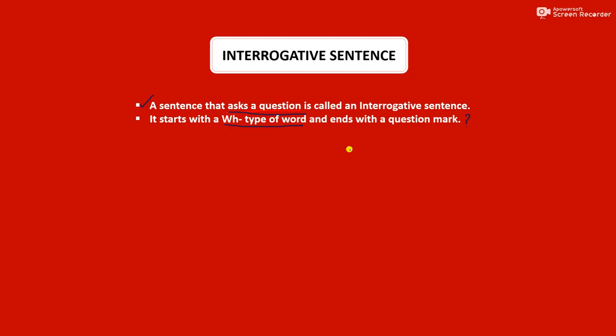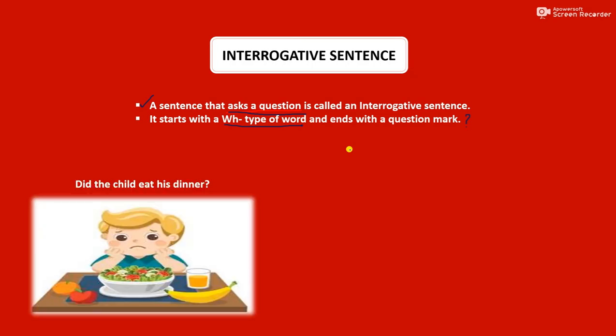Okay, now let us see this with the help of examples. Did the child eat his dinner? Now here in this sentence we are asking a question. We are trying to interrogate somebody. We are trying to collect information about a specific child. So since we are asking a question in this sentence, we say that this is an interrogative sentence.